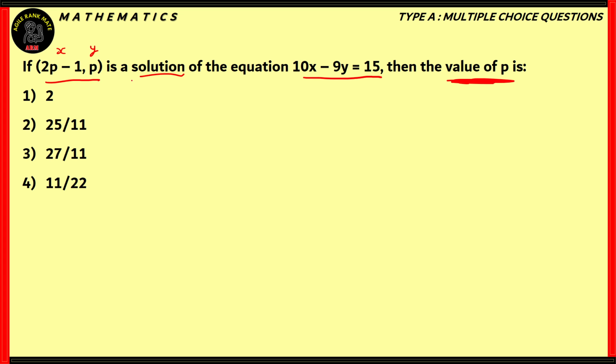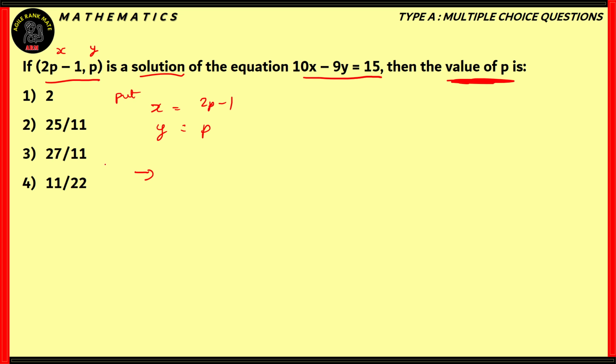We are told to consider the coordinates given here to be a solution of this particular linear equation in two variables. That means we will put x equals 2p minus 1 and y equals p.